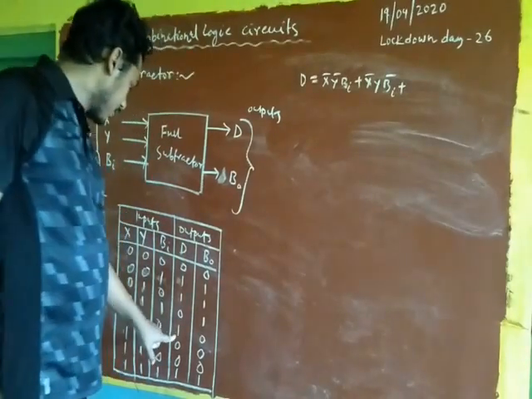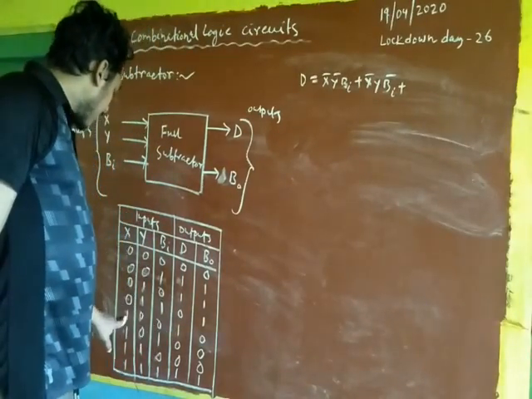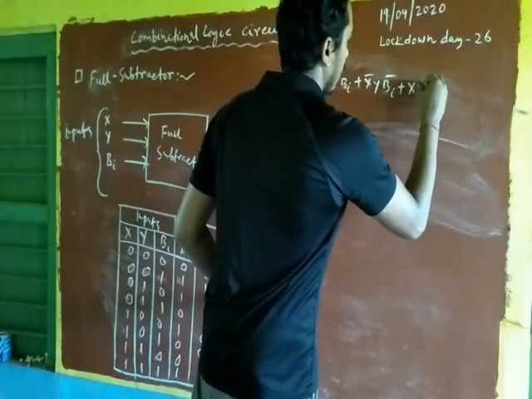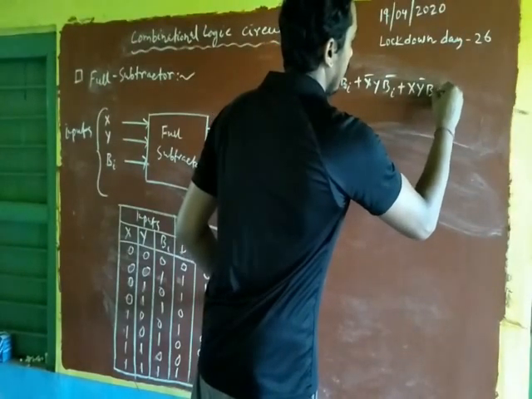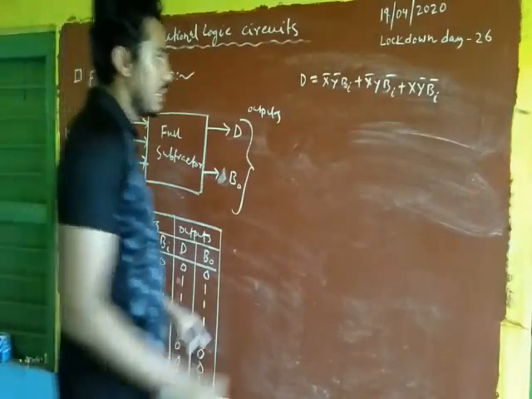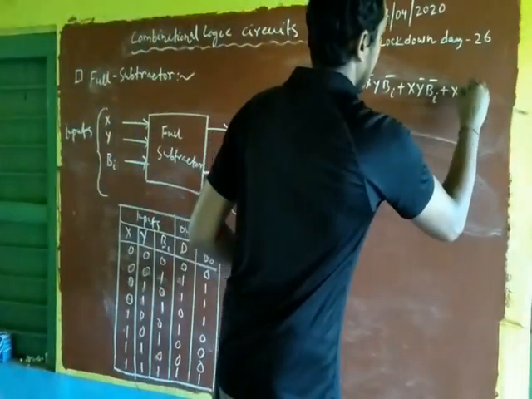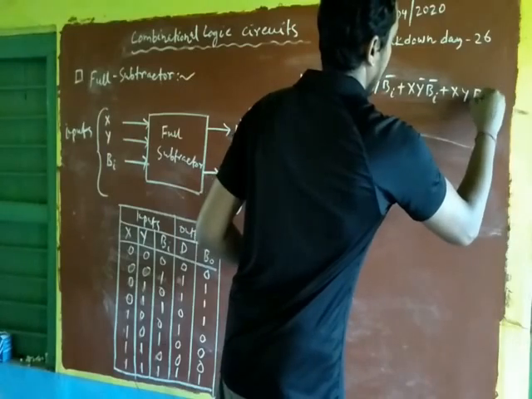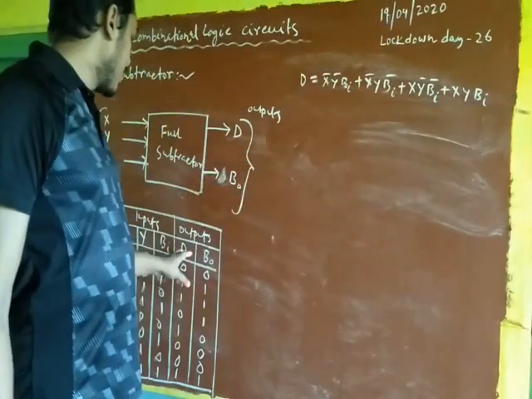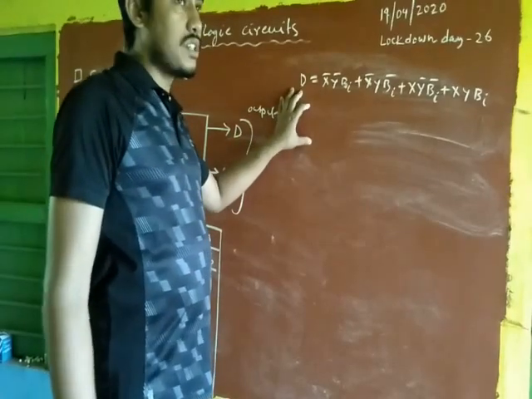Now for this one, it is x, y bar, bi bar. And for the last one, x, y, bi. So plus x, y, bi. Now this is the logic expression for the difference output D.